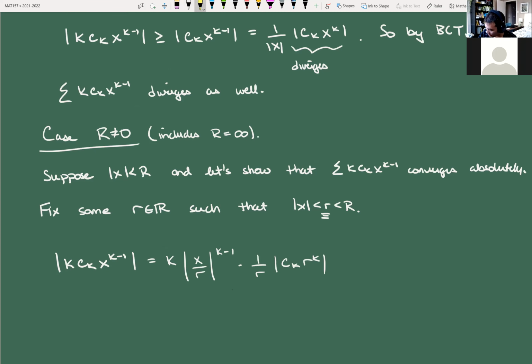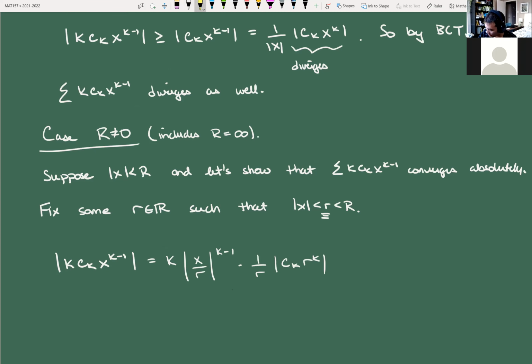So what I want to do now is sort of a similar thing. Let's find some way to bound this. Okay, I want to make this thing less than 1. Just like before when we said find some big N such that c_k x^k is less than 1, we want to do the same thing with this.